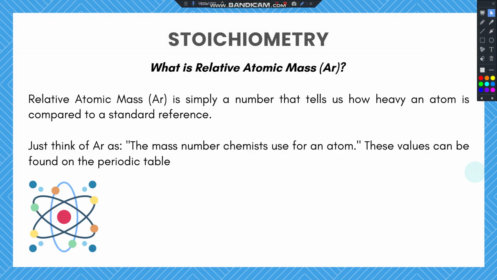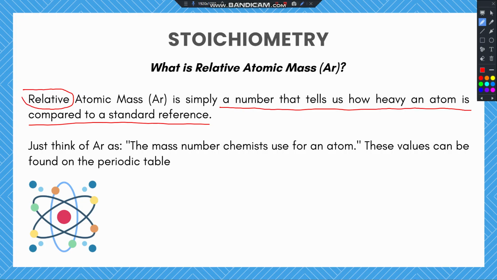Let's make some progress. So what is the relative atomic mass? The relative atomic mass is simply a number that tells us how heavy an atom is compared to a standard reference. Take note of this word relative. Relative means in reference to something, compared to something.